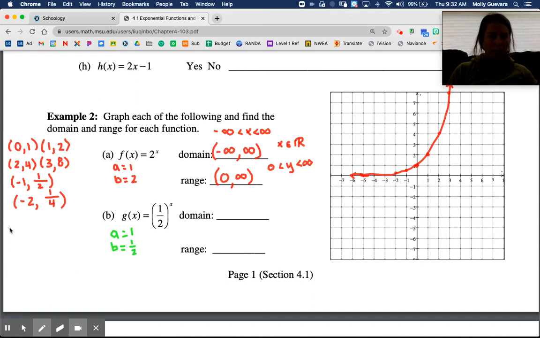Okay, so I'm going to go through, and since a is 1, I can say that 0, 1 is going to be a point. I can also say that 1 comma b is a point, so it'll be 1 comma 1/2.